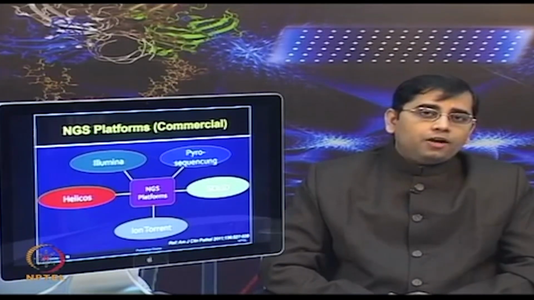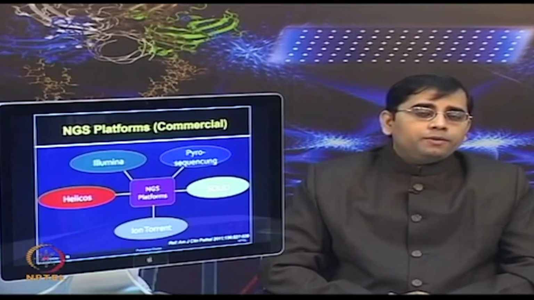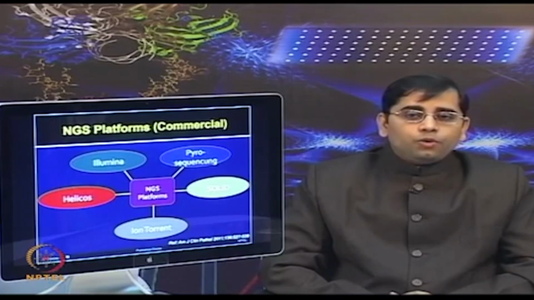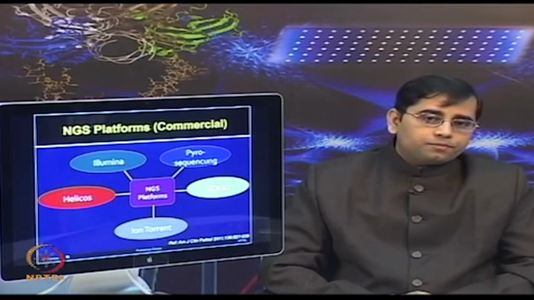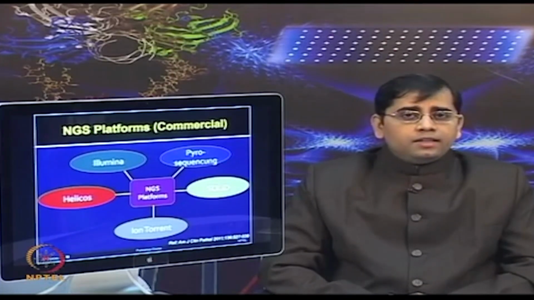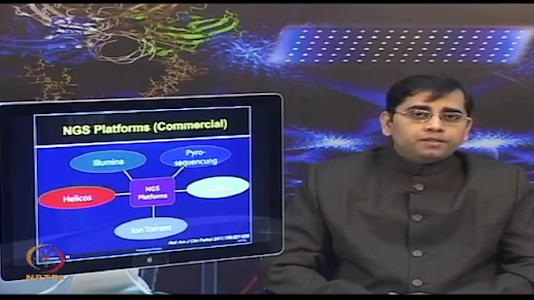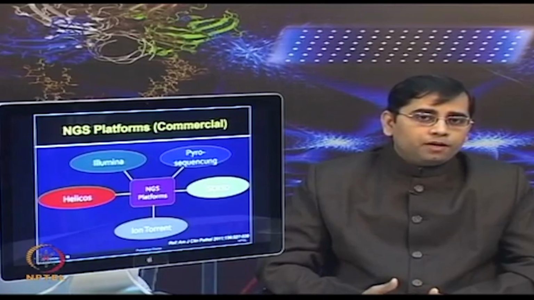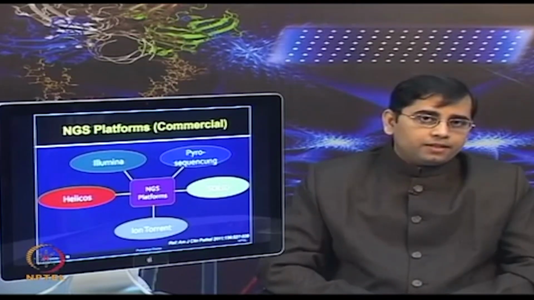The last method is the Ion Torrent method, which is a standard DNA polymerase chemistry based method, where a semiconductor based non-optical detection method is used. It is used for targeted sequencing. These are only a few representative platforms described here, but there are many other exciting commercial platforms currently available for next generation sequencing.